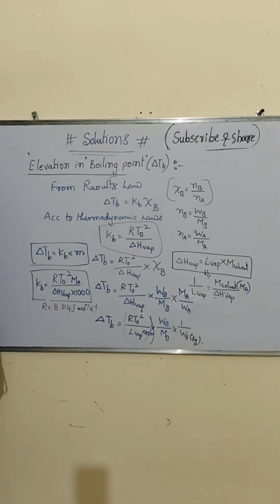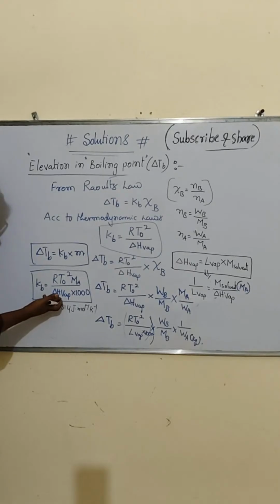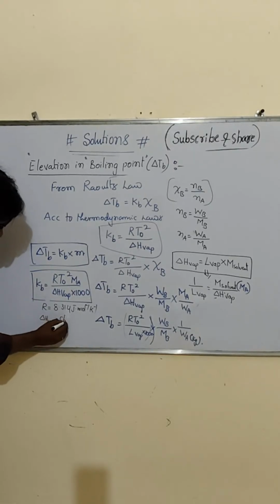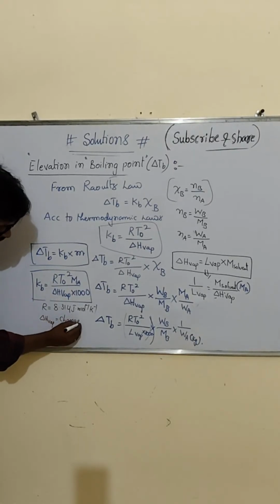So it is in joules we can take. Delta H VAP is nothing but the change in the enthalpy of vaporization.